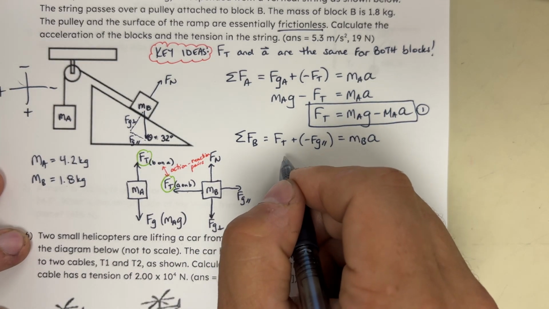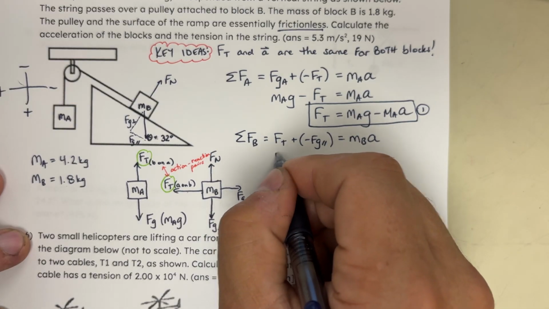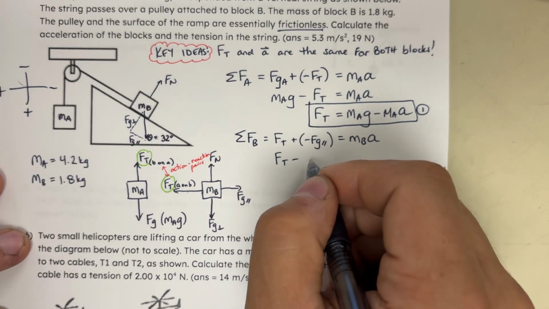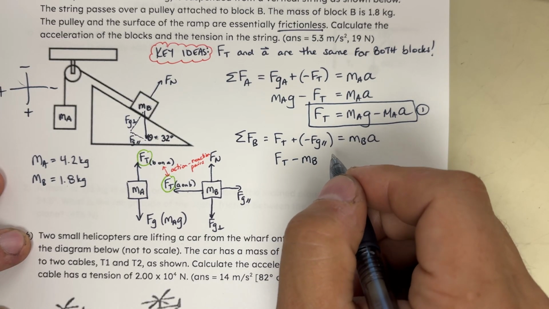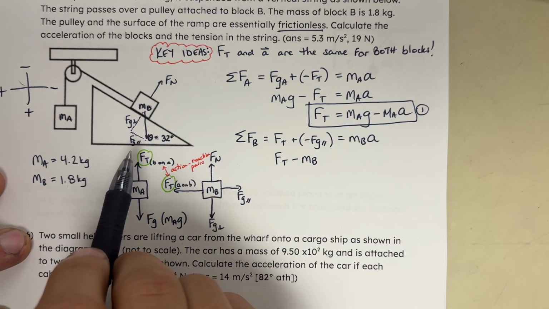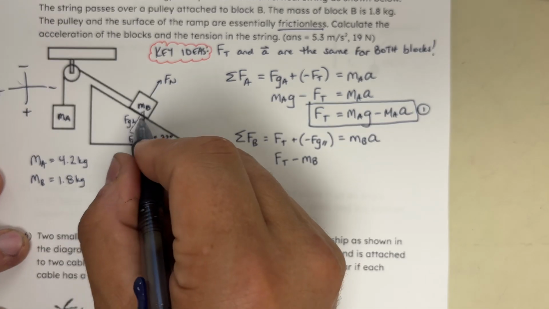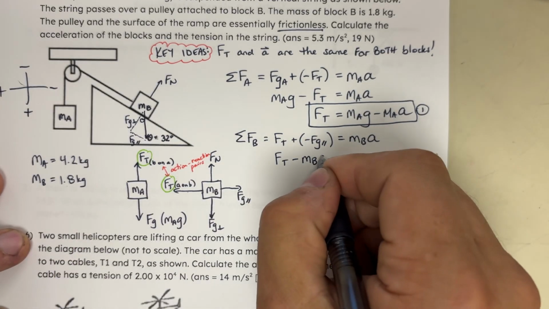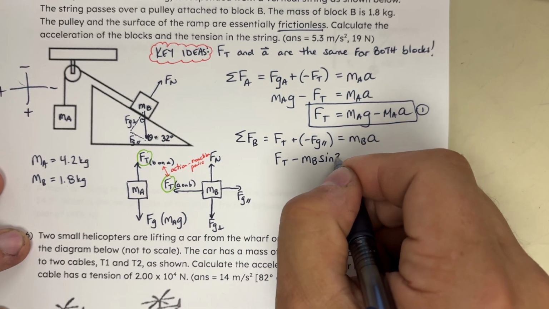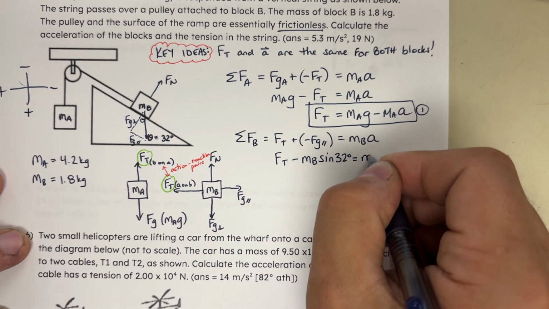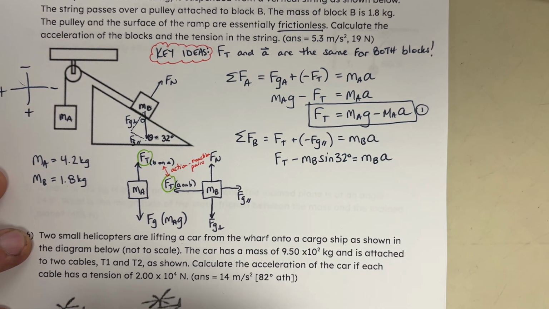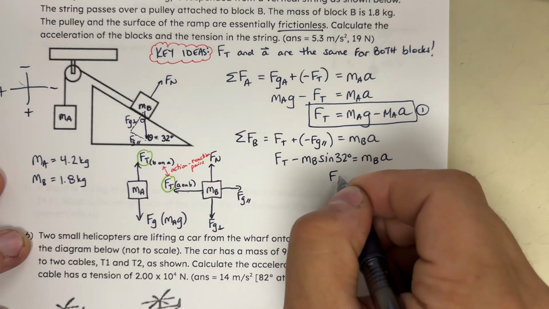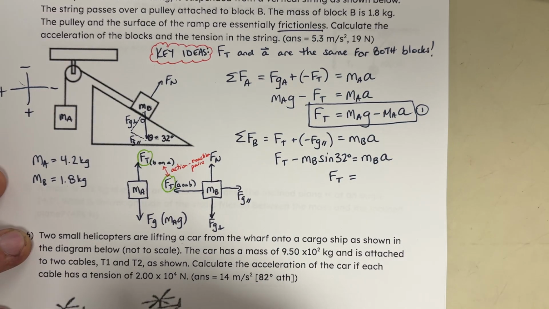So I have FT minus the mass of B, and then parallel, it's going to be sine of 32, and that's my MBA, like that. And I'm just going to write it for the FT right here.